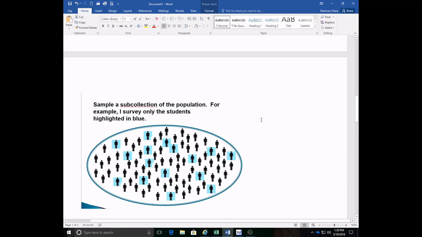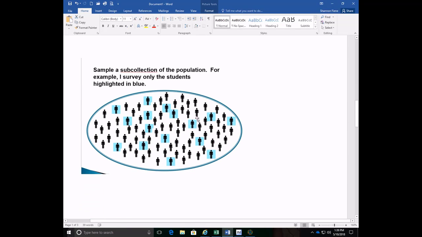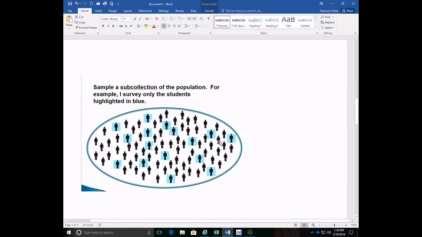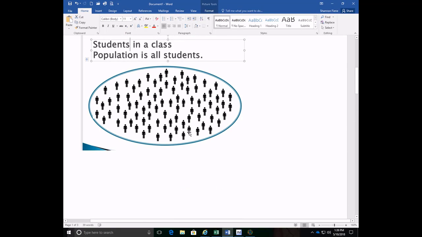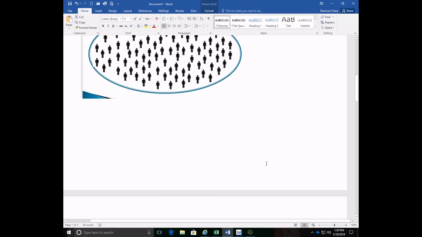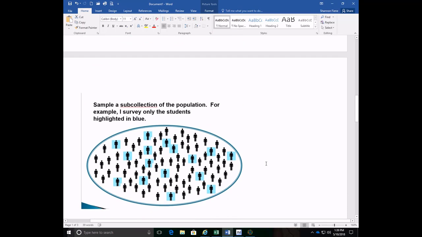So then we would come back and say 75% said the Twins. I would say the majority of the students in my class like the Twins. Okay? I've made a conclusion about the population based on the sample. And that goes to tell you that our data on our population is only as good as our sample. If we don't have a sample that represents our population, then our data can be biased in one way or the other.